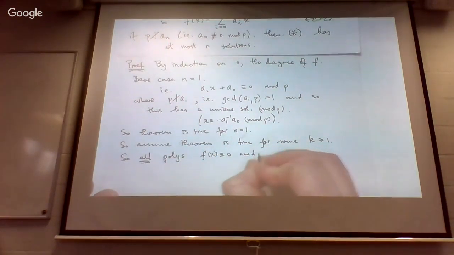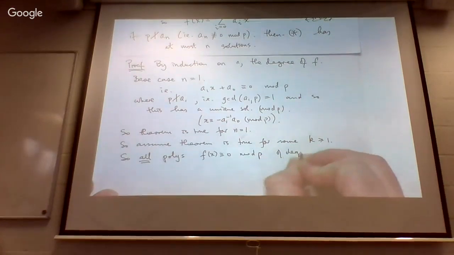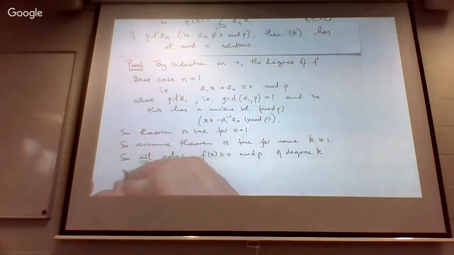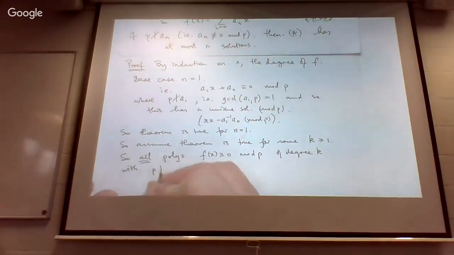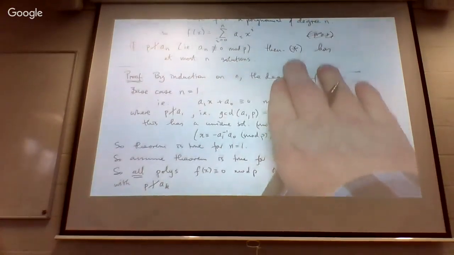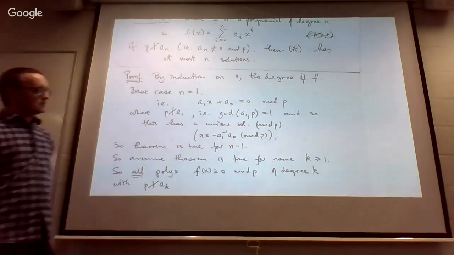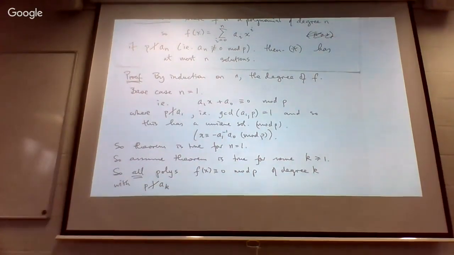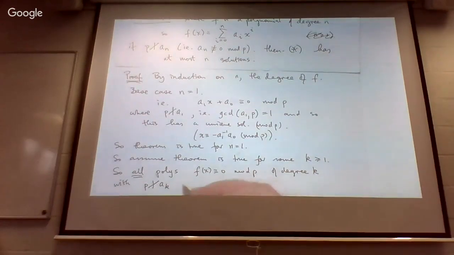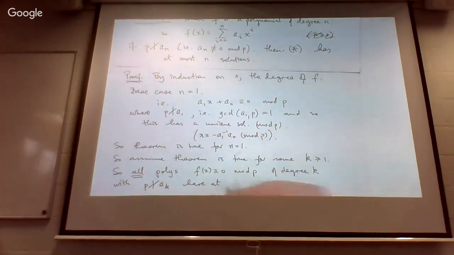All polynomial congruences of degree k with p not dividing ak, the leading coefficient, because I'm using this notation up here, ak would be the leading coefficient of your f. All such polynomials have at most k solutions. That's our assumption.